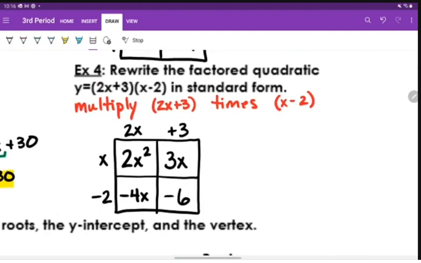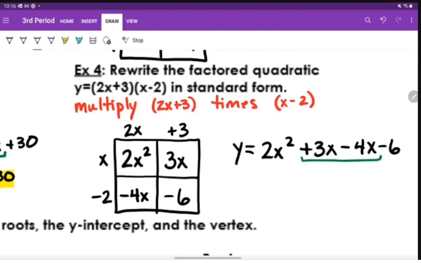All right, now it's time to put all of this into our quadratic equation form. So we will write this as y equals 2x squared plus 3x minus 4x minus 6. And we combine our middle terms because they are like terms.